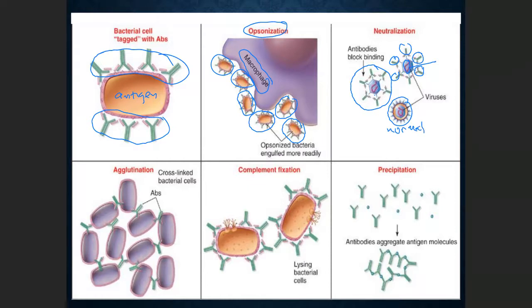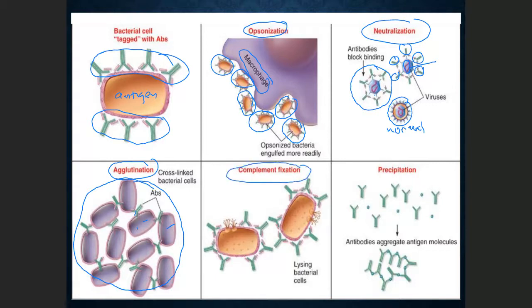But whenever this virus is covered by the antibody, it becomes neutral. This is what we call neutralization. Agglutination is when several antigens combine together with this antibody and become a big clump of molecules, and this big clump will then be precipitated and will not cause infection. Okay, so it becomes inactive.